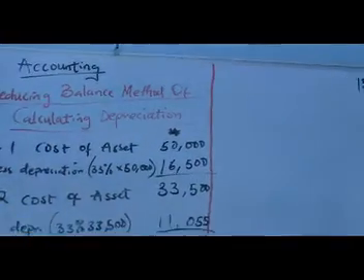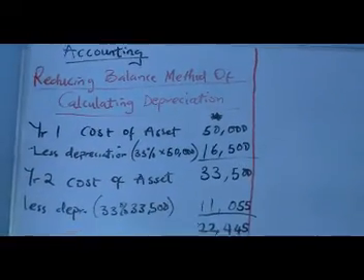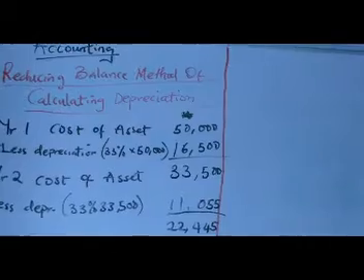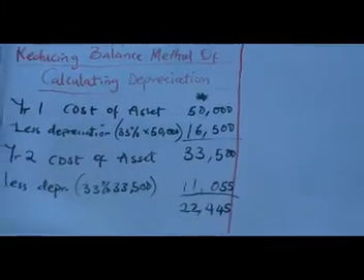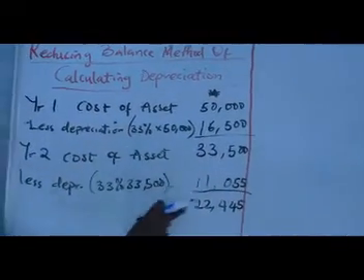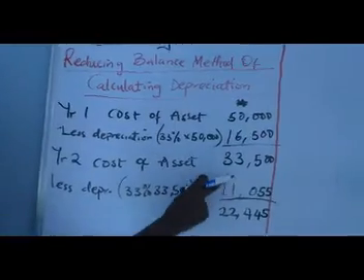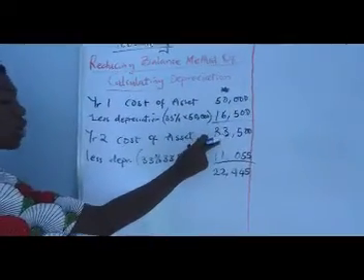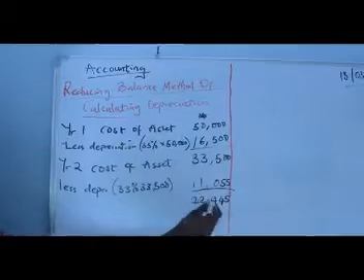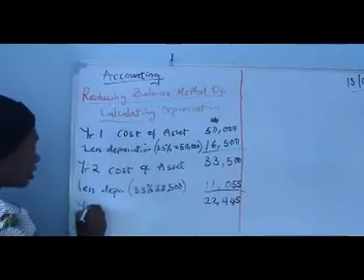Like I said, this is a very tricky work. So please, I want you to pay enough attention as possible. Okay, so this being less from our cost of asset for the second year, we have this, and this will now be our cost of asset for the third year.